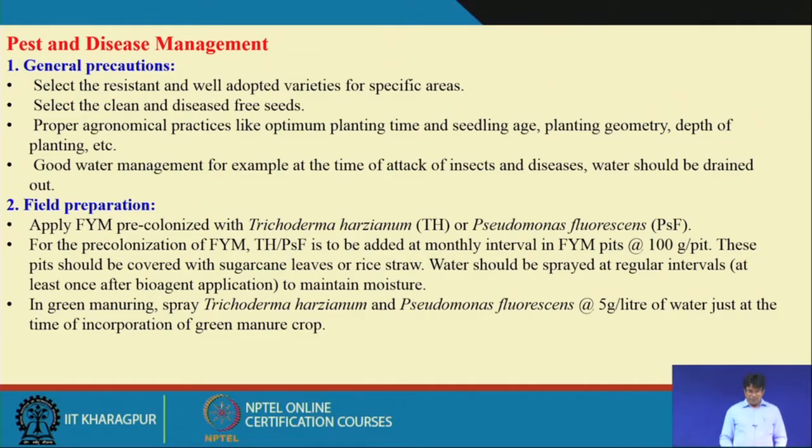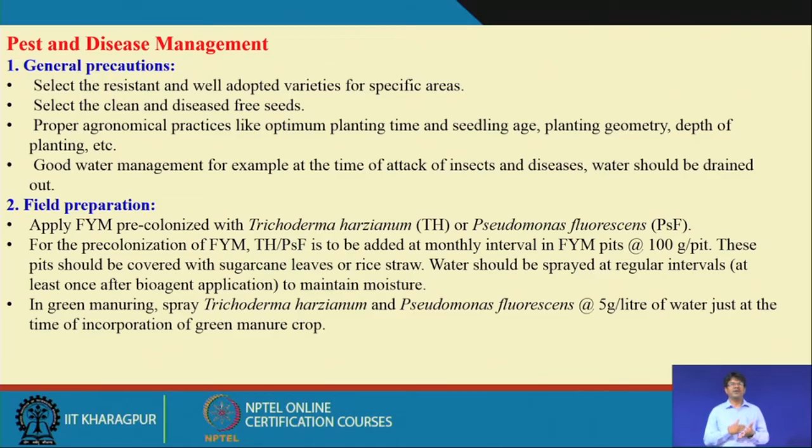Then you go for the field preparations. At the field preparations, what precautions can you take for pest and disease management? Apply farm made manure pre-colonized with Trichoderma harzianum or Pseudomonas fluorescens. These microbes can be pre-colonized with farm made manure and released in the field, so that they can protect the crop from many insect pests and diseases.